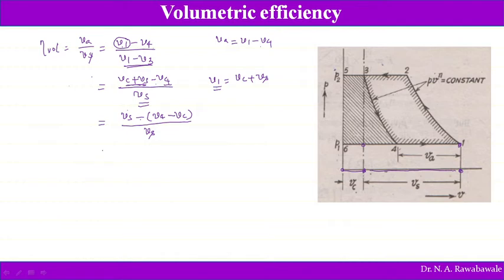So now again rearranging this, Vs minus Vc is taken common in the numerator, bracket V4 divided by Vc minus 1, written here in numerator and divided by Vs in the denominator.